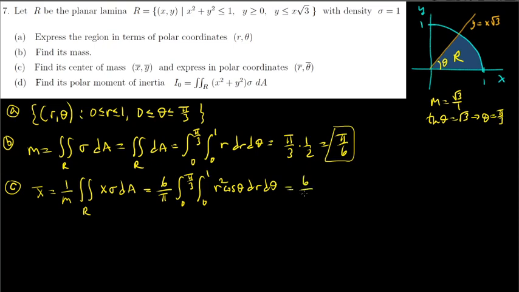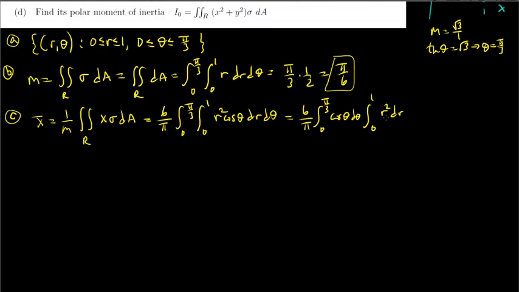Okay, so with the 6 over pi, that's the 1 over m, we're integrating 0 to pi over 3 cosine of theta d theta times the integral from 0 to 1 of r squared dr. Yep, we can split this up because the limits are just constants. They don't depend on theta, right? Okay, so cosine of theta, the integral of that is just sine of theta.